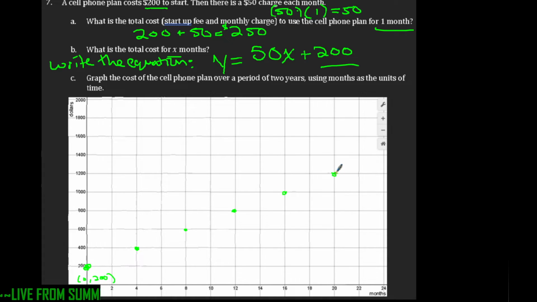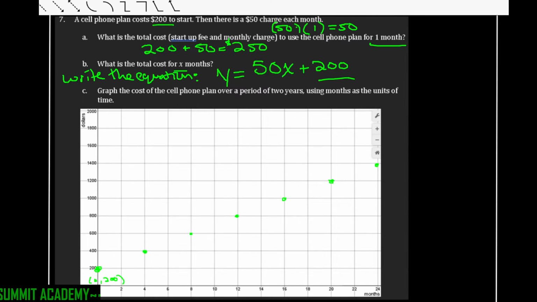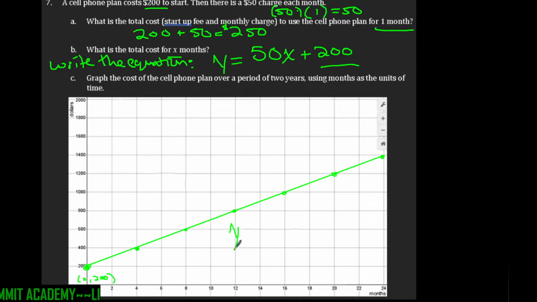Again, they should be all on the same line. Once I have that line, I can label it, or draw the lines through, and I'm going to label it as my equation y equals 50x plus 200. And we'll come back to this picture in just a second.